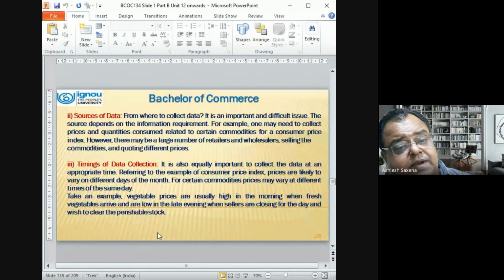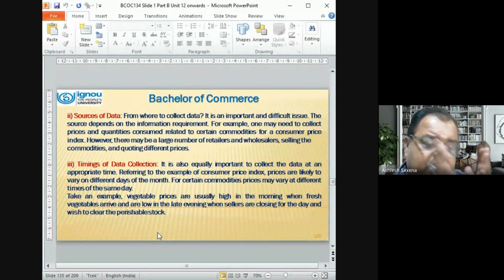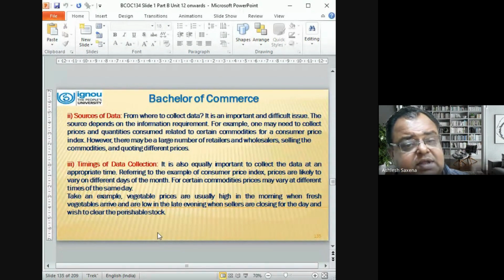The source depends on the information required. For example, one may need to collect prices and quantities consumed related to certain commodities for a consumer price index. However, there may be a large number of retailers and wholesalers selling the same commodity and quoting different prices.